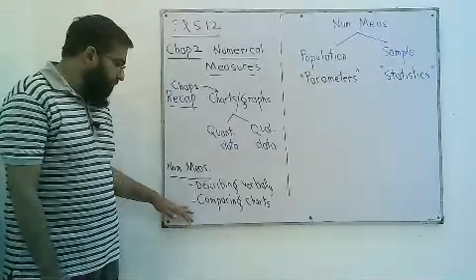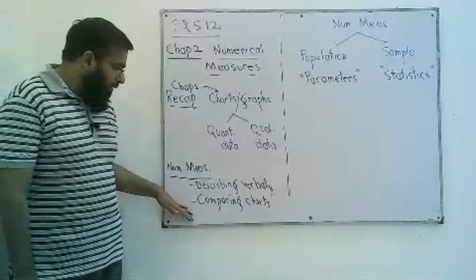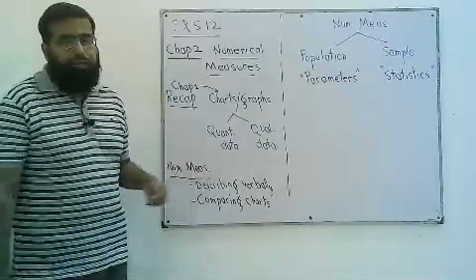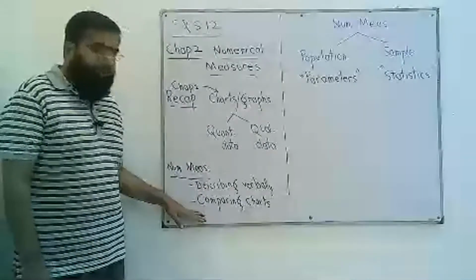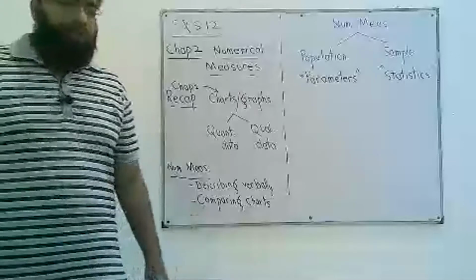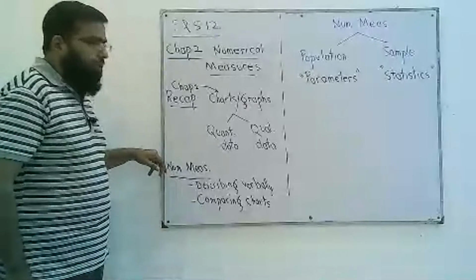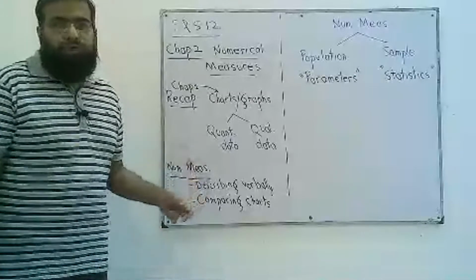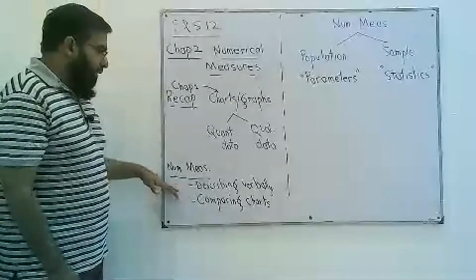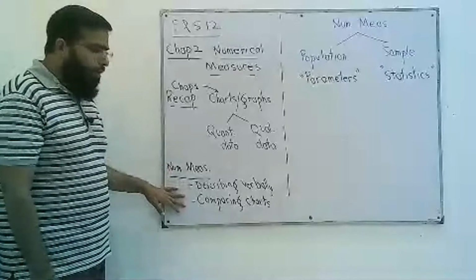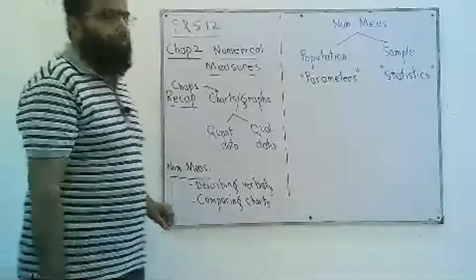So you have to rely on numerical measures if you are comparing charts or graphs. These are the two main uses of numerical measures on your data, and we will study more about these numerical measures in this chapter.